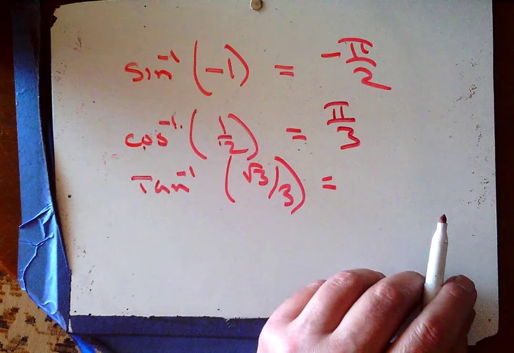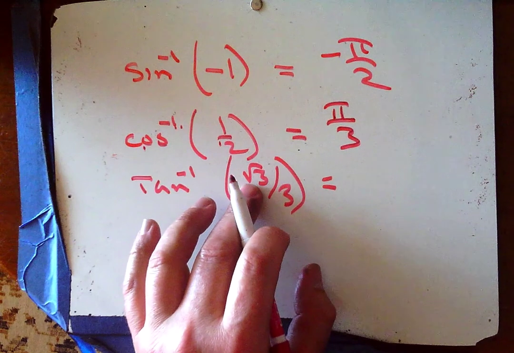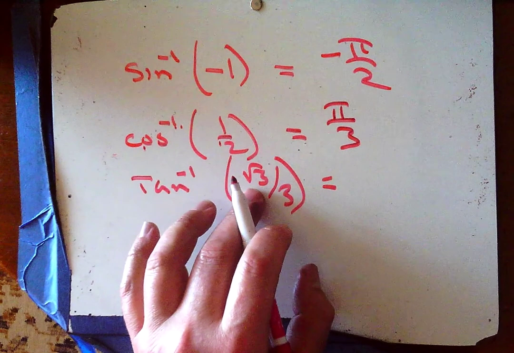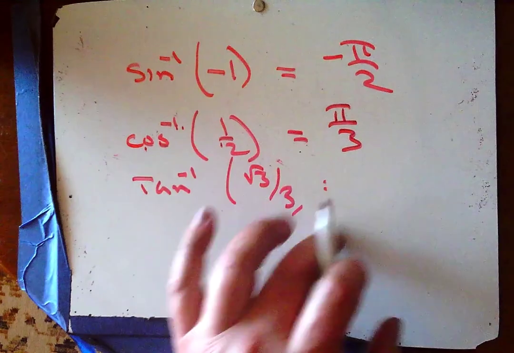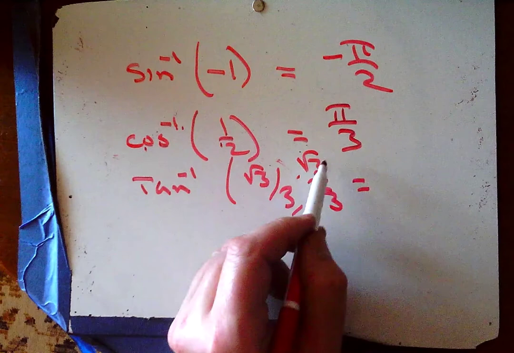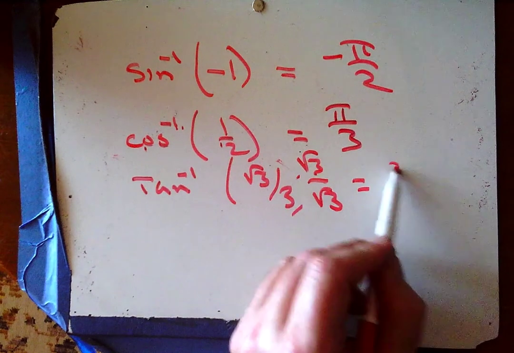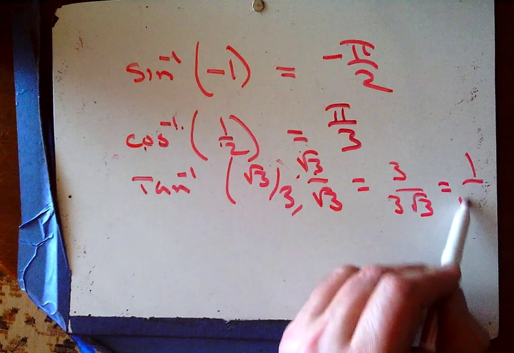Now, with this one, either you want to unrationalize this, i.e. you're looking at something that's been rationalized, now you want to do it backwards, or why don't you rationalize the numerator? And so then you'd have 3 over 3 root 3, or 1 over root 3.